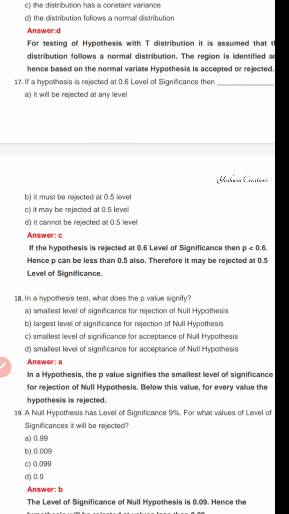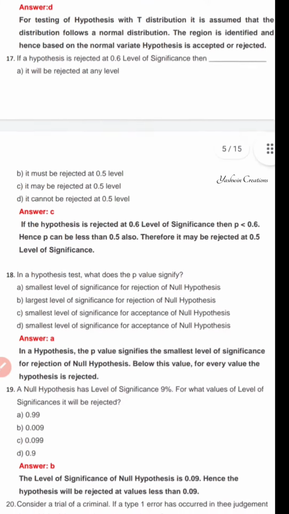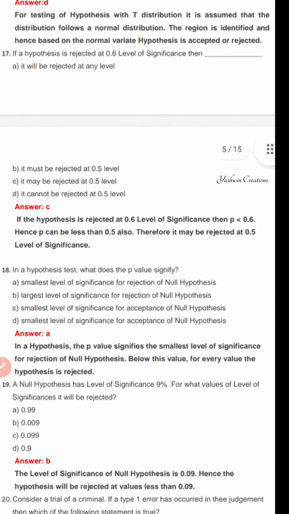In the hypothesis test, what does the p-value signify? The smallest level of significance for rejection of the null hypothesis. That is, below this value, for every value, the hypothesis is rejected.